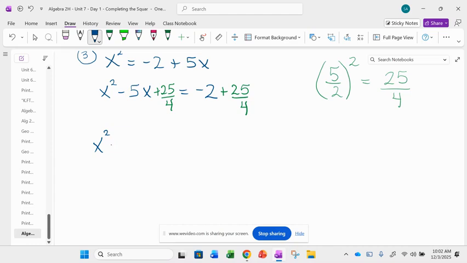All right, now on the left side, I'm going to keep it like this, x squared minus 5x plus 25 over 4. On the right side, in order for me to add these, don't I have to create a common denominator? So I'm going to create a common denominator of 4. So this becomes -8 over 4 plus 25 over 4.